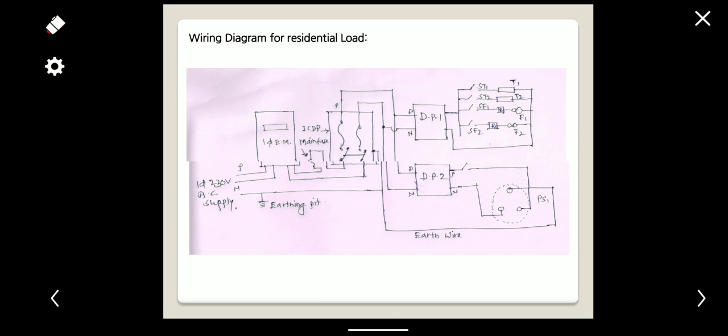In this system, from the supply to DP, there are three lines: one for the phase, second for the neutral, and third for the earthing. The earthing is connected to the ironclad double pole switch board, then DP, and then the particular socket. So the socket is used for the second.